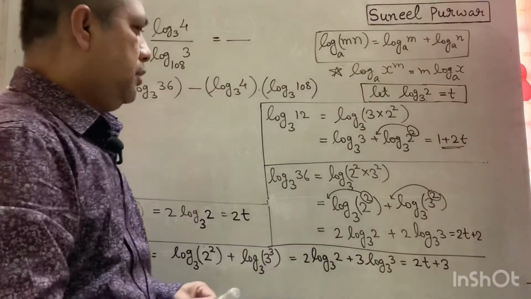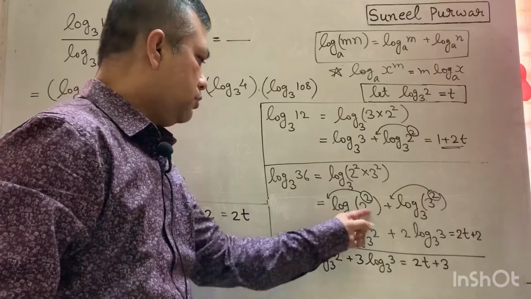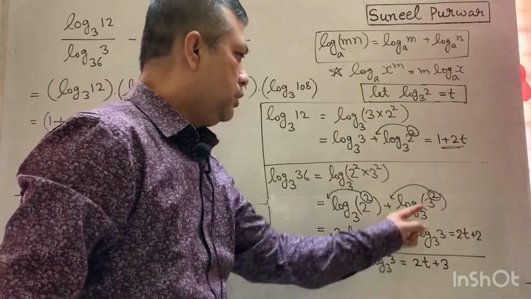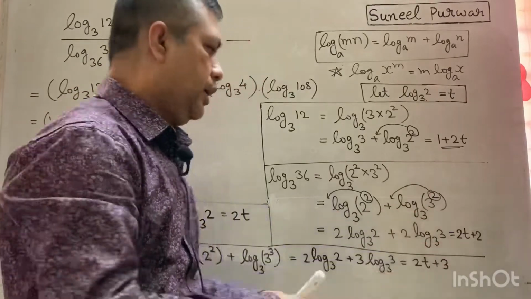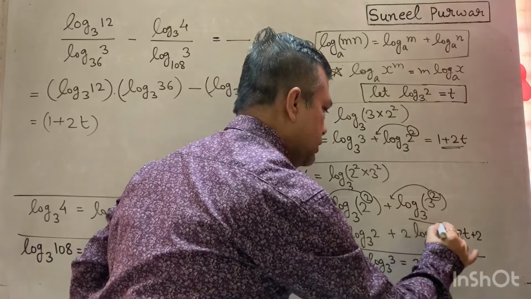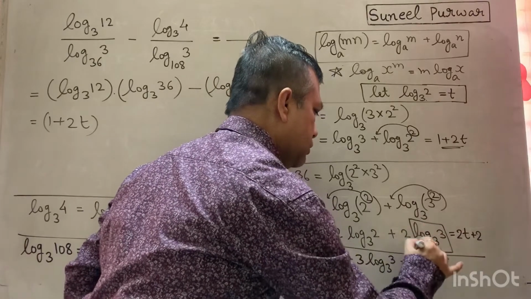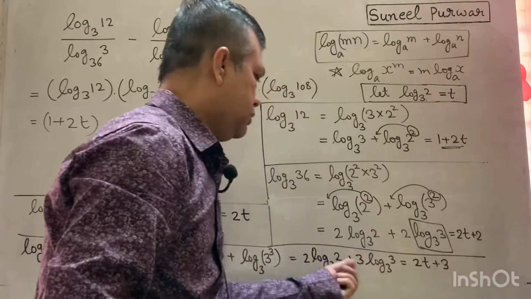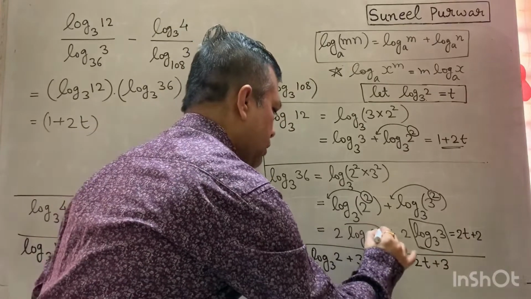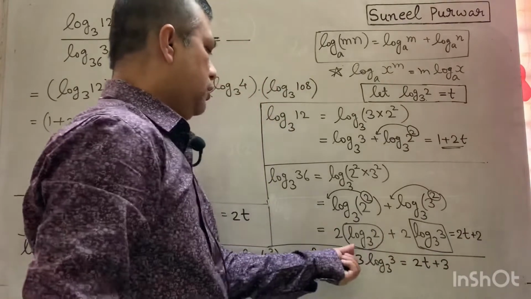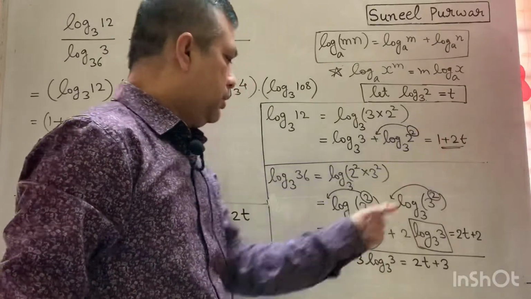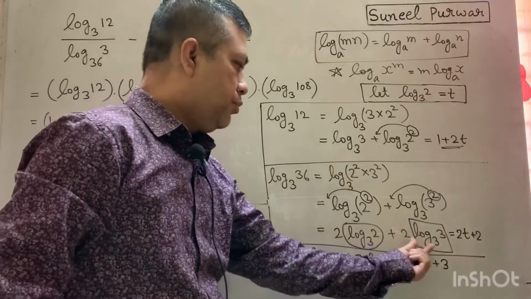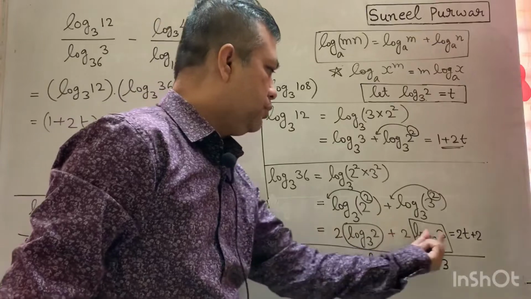So if we simplify, that will become 2 times log 2 base 3, and this will become 2 times log 3 base 3. And don't forget, log of a number to the same base is 1. So this last value became 2, and this is 2 times t, since log of 2 base 3 was denoted as t. So this became 2t, and this became 2. So 2t plus 2.